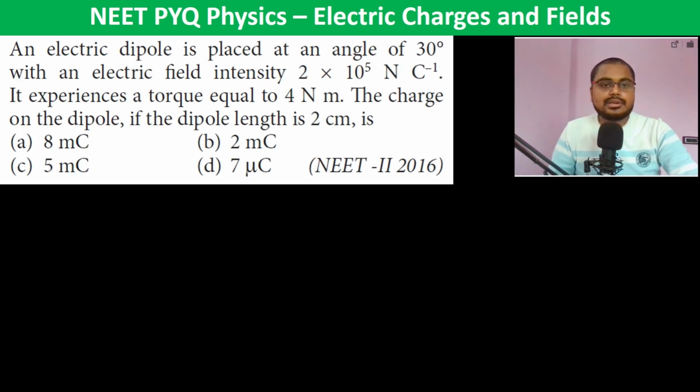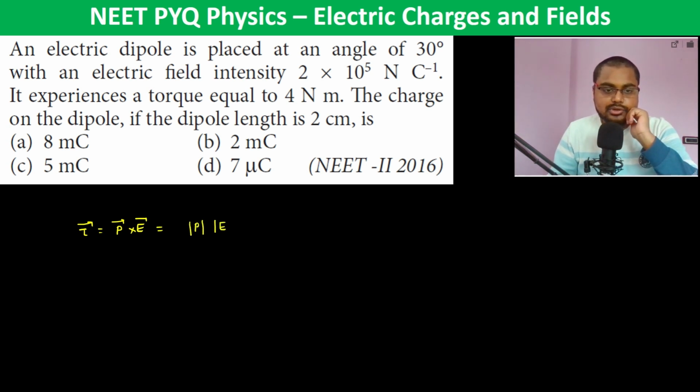An electric dipole is placed at an angle 30 degrees with an electric field intensity; it experiences a torque equal to 4 Newton meter. Find the charge on the dipole. The torque on a dipole is given by P cross E. Here cross is the cross product, so magnitude of P into magnitude of E into sine theta.